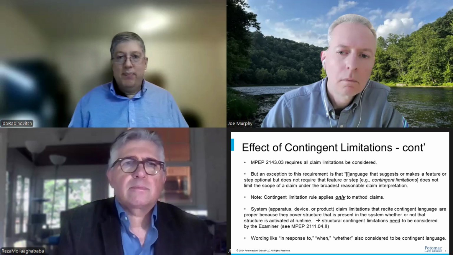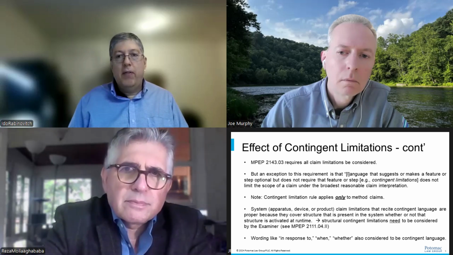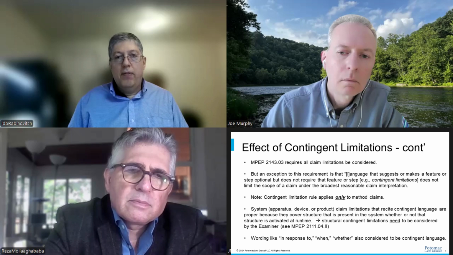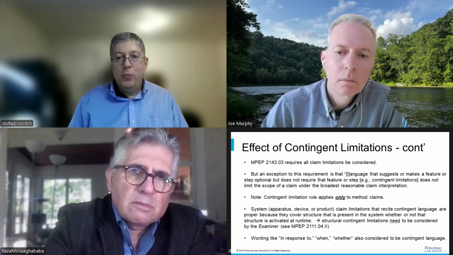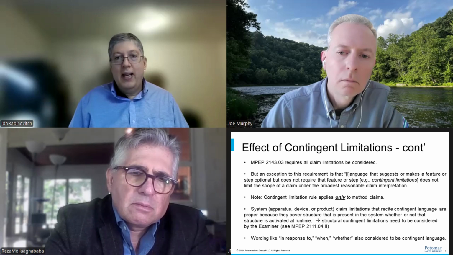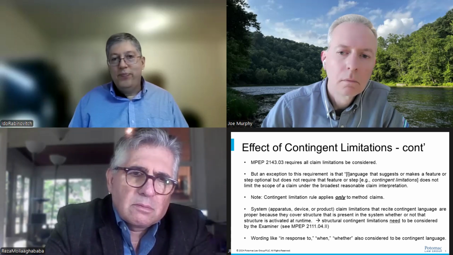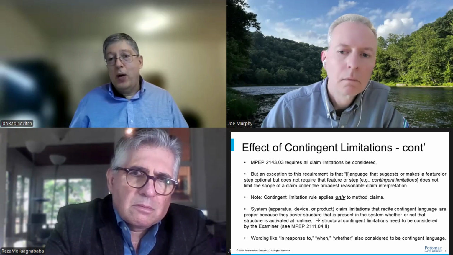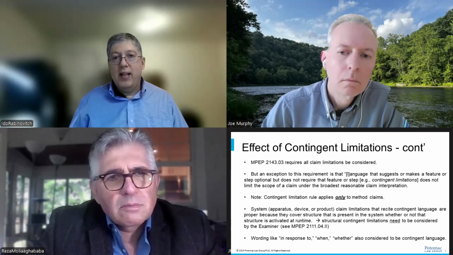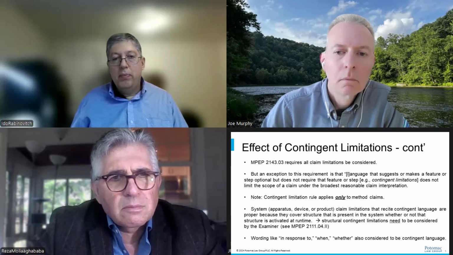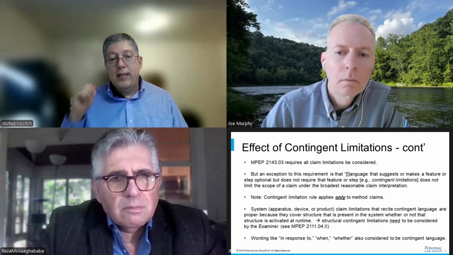The other classical situation where an examiner will not give patentable weight is when you have a list of options wherein element A can include one of A prime, A double prime, A triple prime, and so on. And all they have to do is just find a reference that has one of those sub-elements, A prime, and that's it.